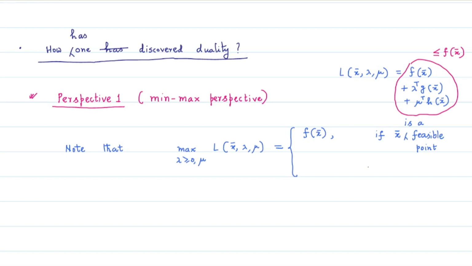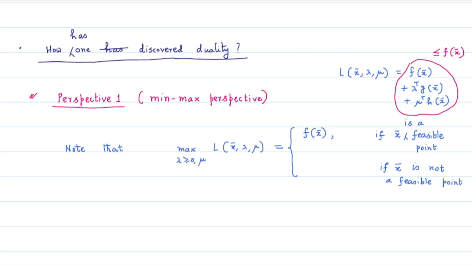And when the point x bar is not a feasible point, then at least one of the constraints is violated. That is, out of the components of g(x bar), at least one component has a positive value, or at least one component of h(x bar) is non-zero. Now you choose that particular component of g for which g_i(x bar) is positive, or that component of h for which h(x bar) is not equal to 0.